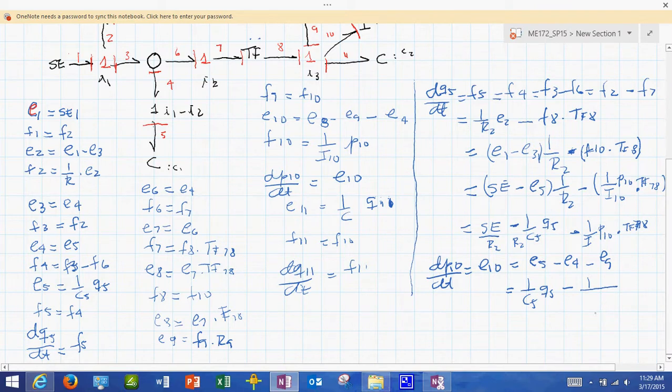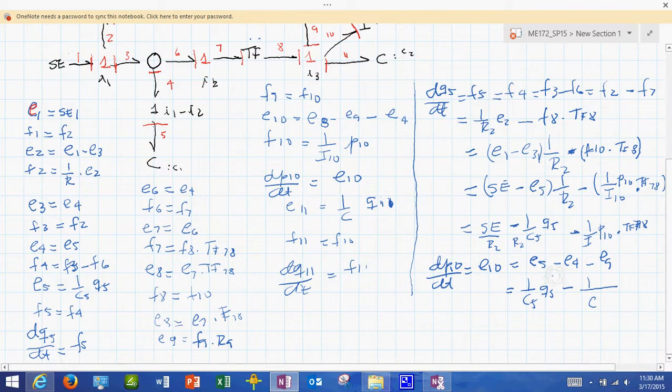E sub 5 is 1 over C sub 5. Sorry, we need to go to... the question is E4 is the same.